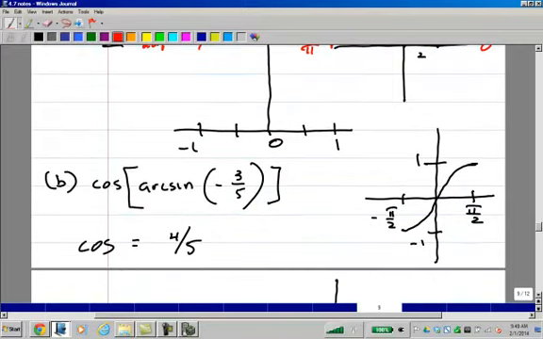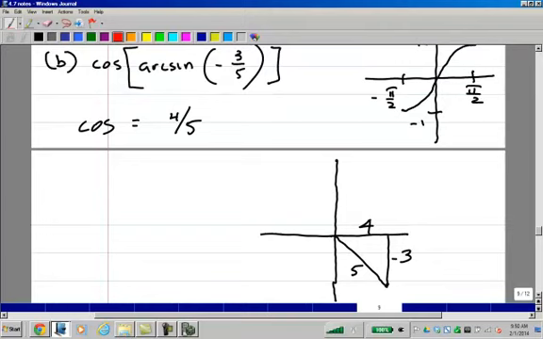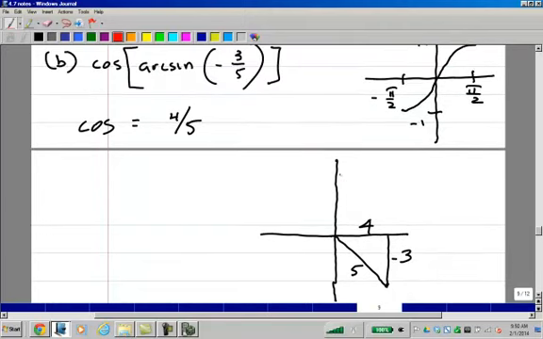B, the cosine of the arcsine of negative 3/5. Okay, so what am I going to do? Well, the arcsine has got to be in here, right?